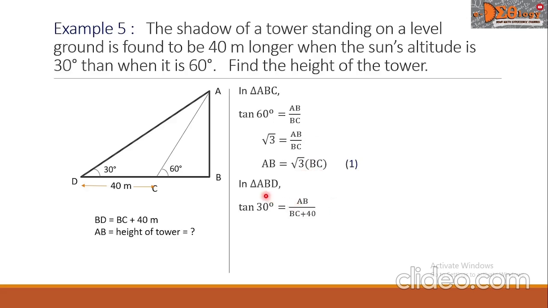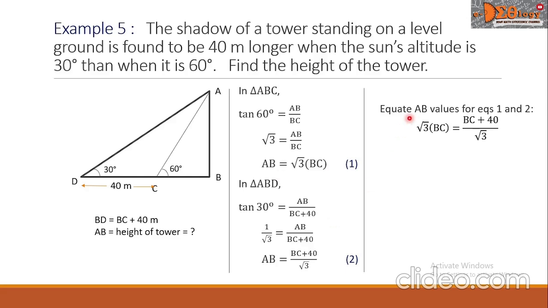Then in triangle ABD, the tangent 30 degrees equals opposite over adjacent. So that is AB over BC plus 40. The value of tangent 30 degrees is 1 over square root of 3. When we cross multiply, we will get the value of AB, and that will be BC plus 40 all over square root of 3. This is equation 2.